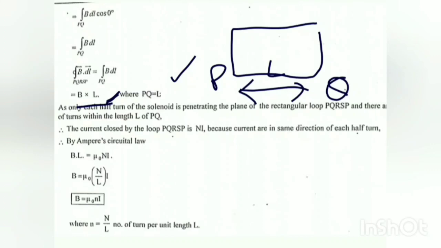Now, the total current enclosed by the complete loop can be written as Ni. There are N number of turns within the length L of PQ. So the current enclosed by the loop can be written as Ni. We can write BL is equal to mu naught Ni.